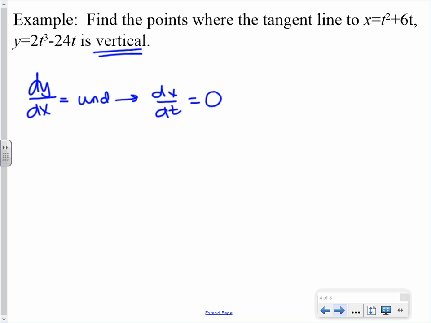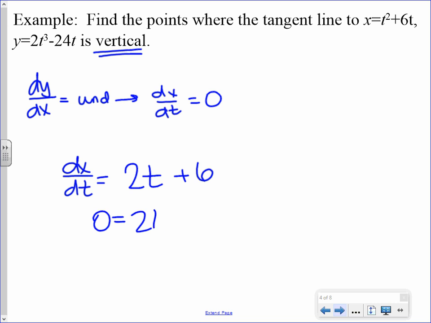Okay, well, let's first find dx/dt, please. dx/dt would be 2t plus 6. So where is it 0? Does that answer the question?